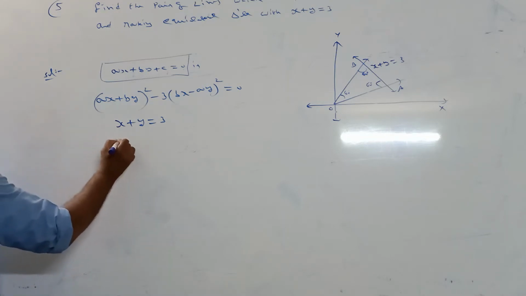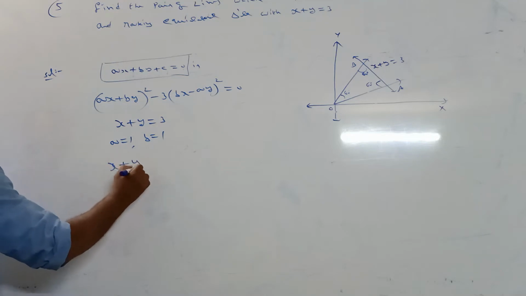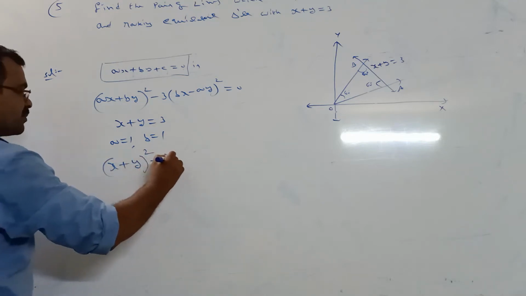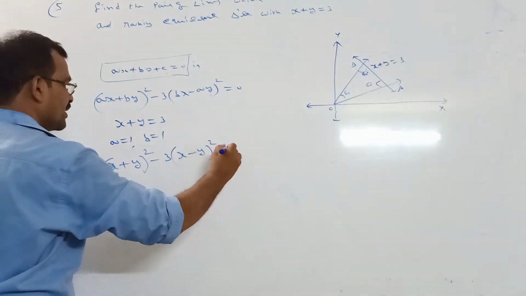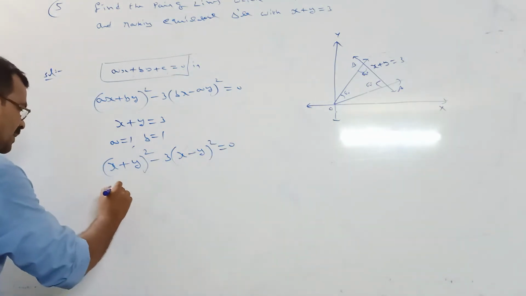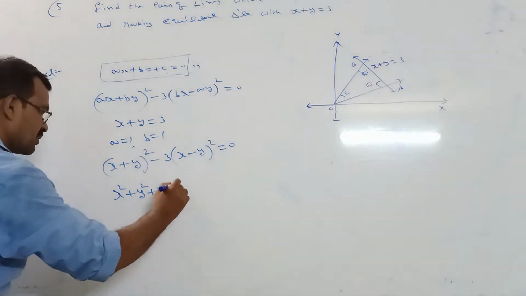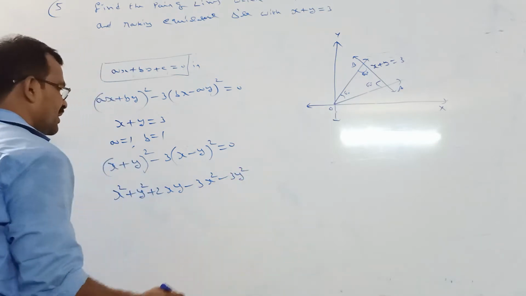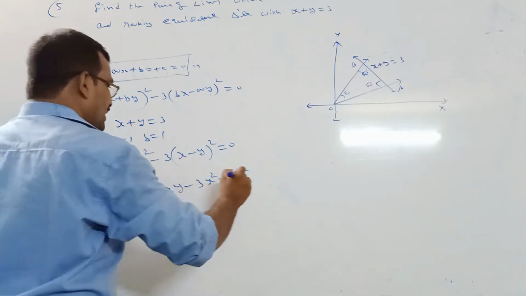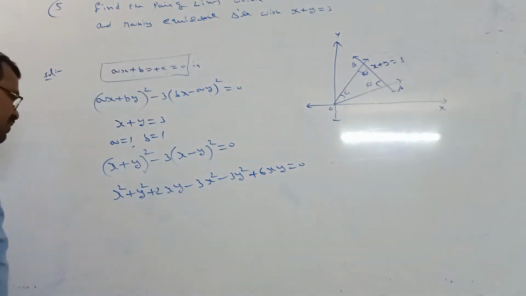Here the a value is 1, the b value is also 1. I apply x plus y whole square minus 3 into x minus y whole square equals 0. Expand it: x square plus y square plus 2xy minus 3x square minus 3y square plus 6xy equals 0.